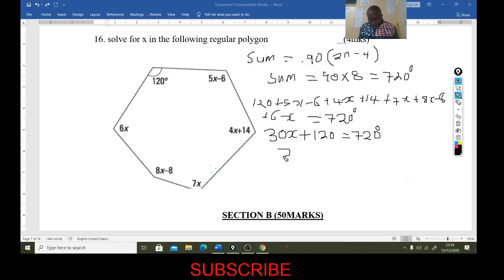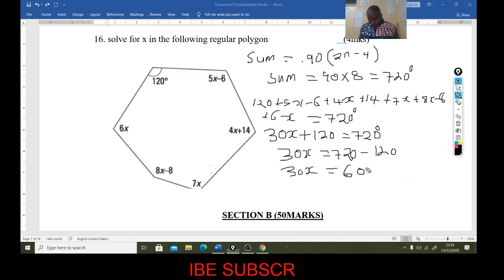So 30x equals 720 minus 120. So 30x equals 600.